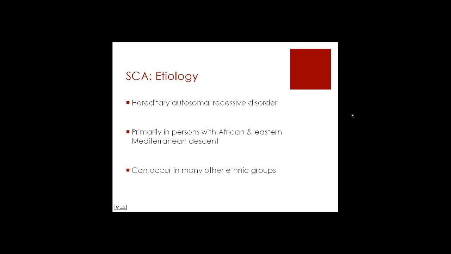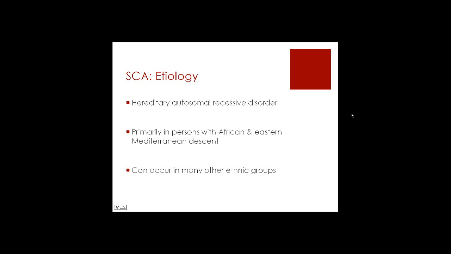So sickle cell is a hereditary autosomal recessive disorder. If one parent has sickle cell anemia and the other doesn't, all of their children will have the sickle cell trait. Now, if one parent has sickle cell anemia and the other has the sickle cell trait, there will be a 50% chance of the baby having either sickle cell disease or the sickle cell trait with each pregnancy.